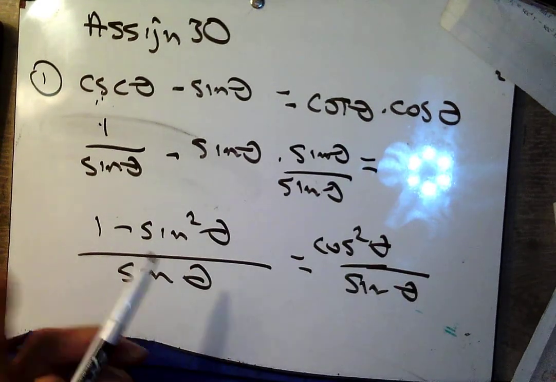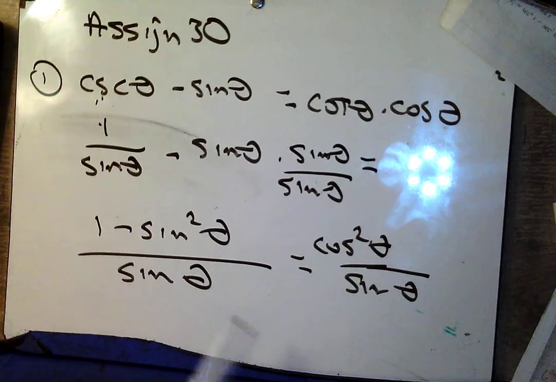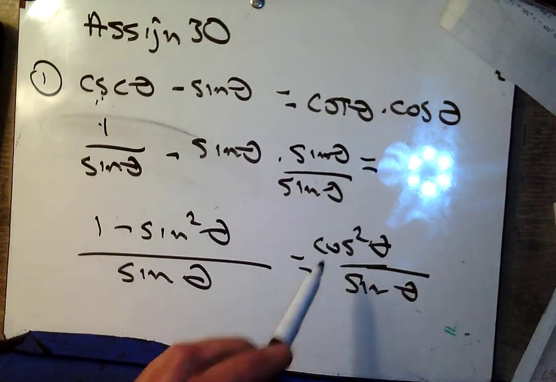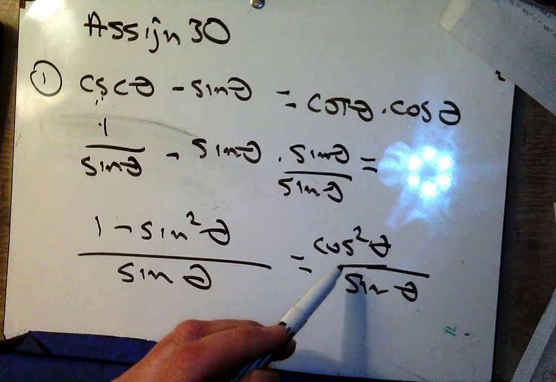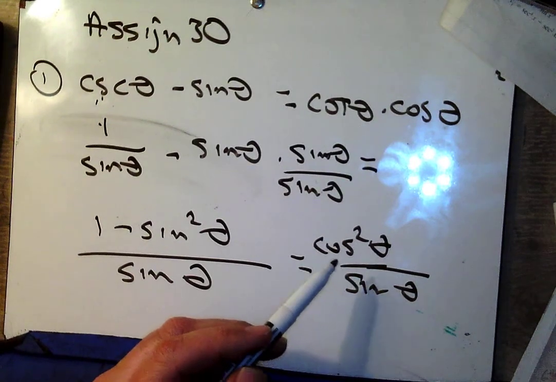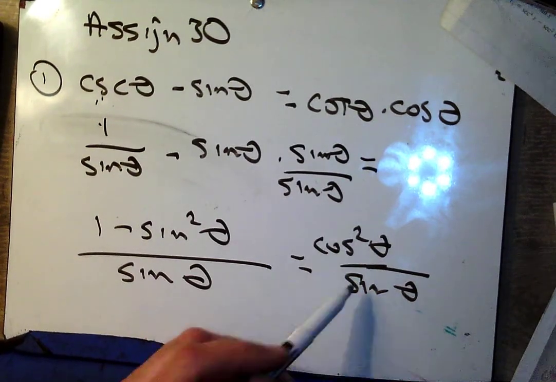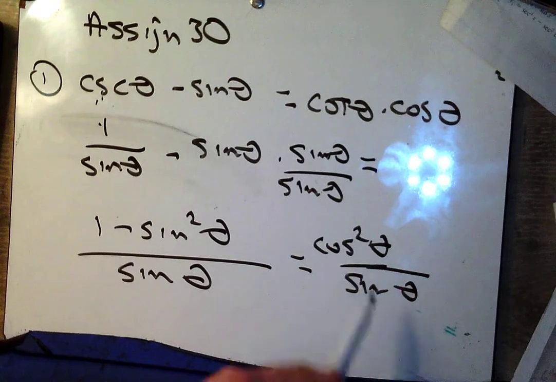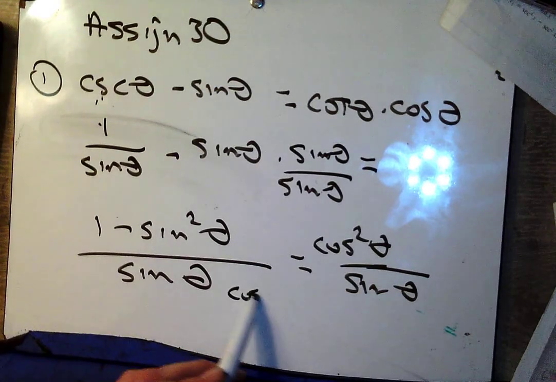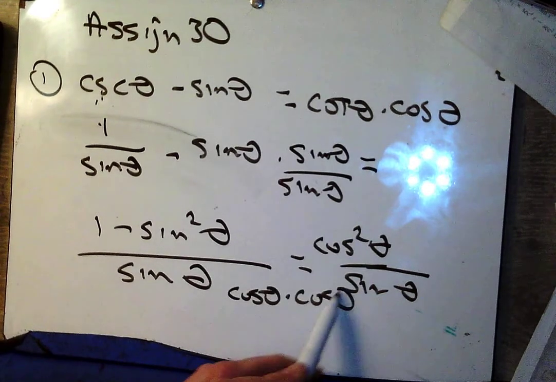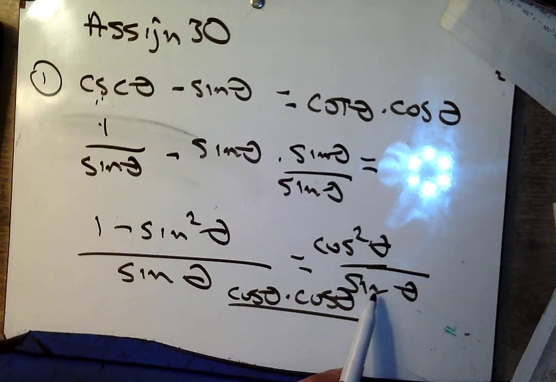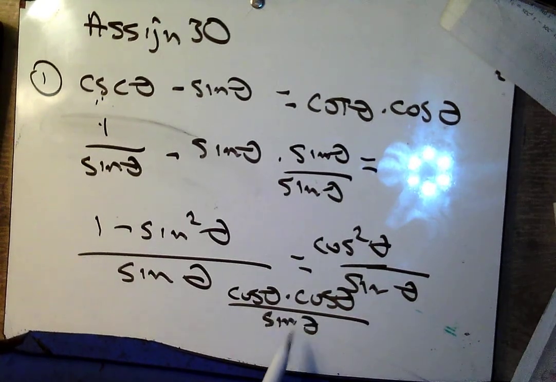Now, this is another one of those, maybe you want to have this strategy on, but I think it's actually one of the ones we talked about 2 videos ago, where I'm just going to break this up a little bit. I'm going to turn cosine squared into cosine times cosine, and I'm going to take this sine and not write it like that.